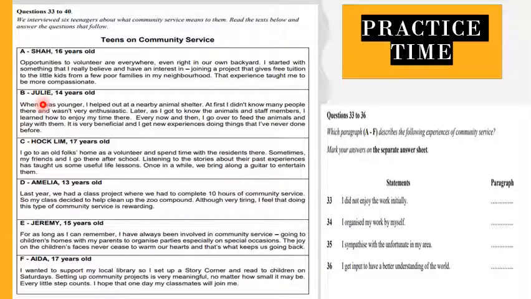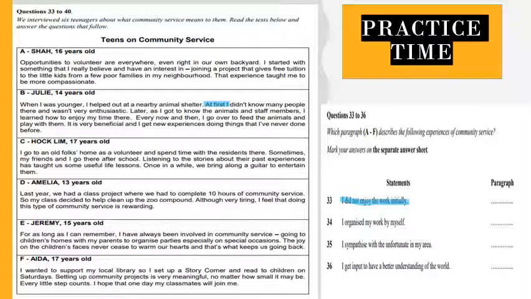B. Okay. When I was younger, I helped out at a nearby animal shelter. At first, I did not know many people there and wasn't very enthusiastic. So look at the word. I did not enjoy the work initially. At first maksudnya initially.